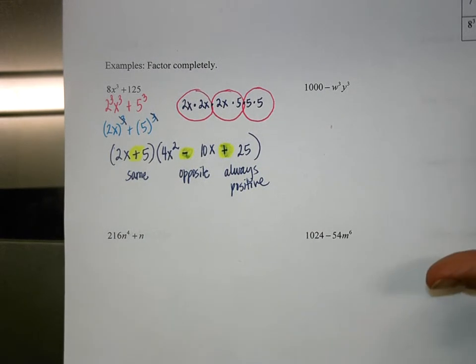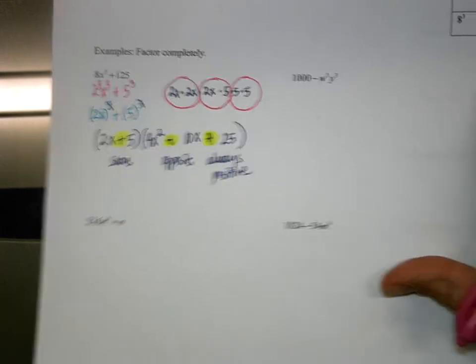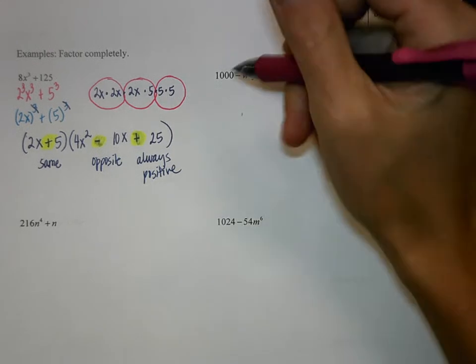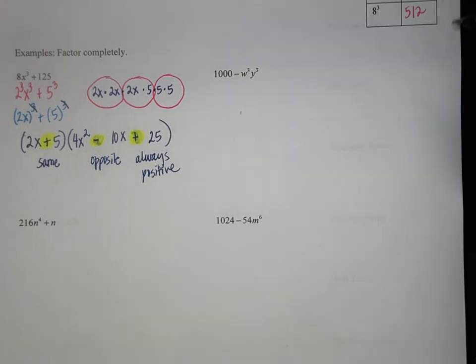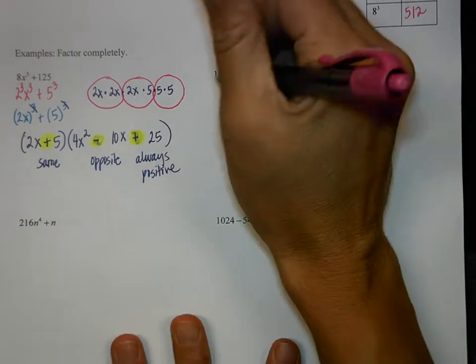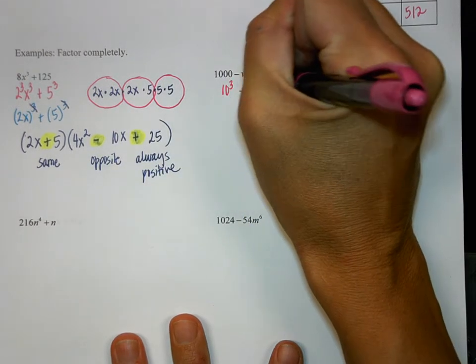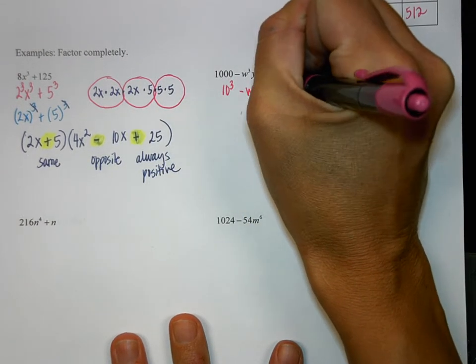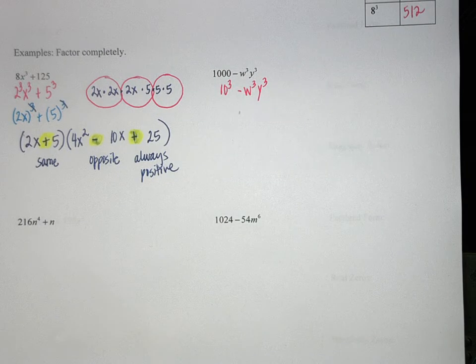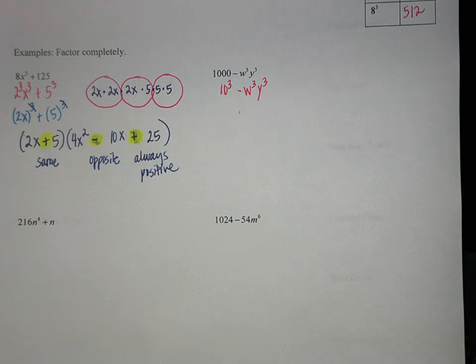Okay, so we're going to do some more practicing. Next one, we're going to factor 1,000 minus w y to the 3rd power. That is not on my chart, but 1,000 is 10 to the 3rd power. Same as before, we want to put each of the terms together in parentheses.